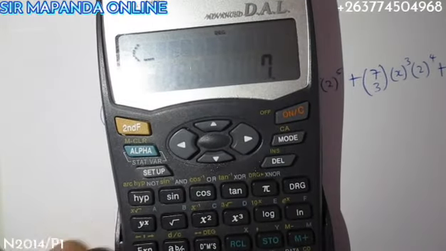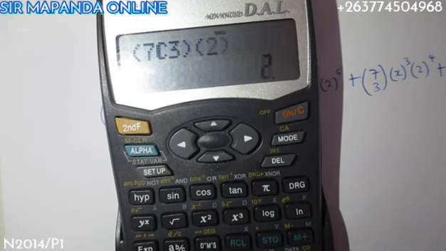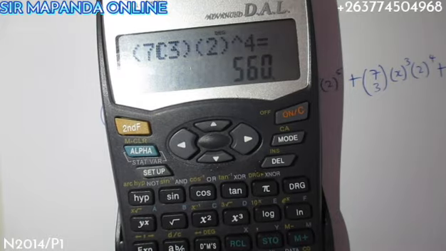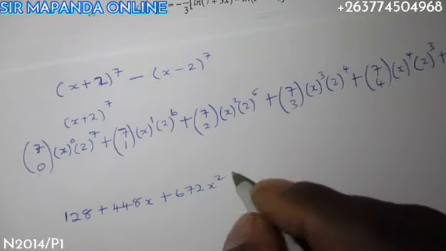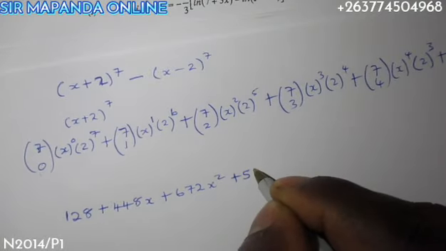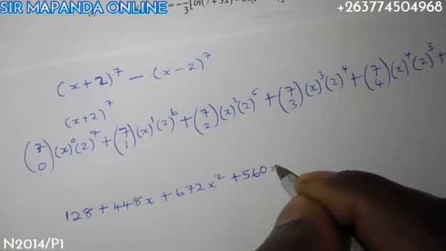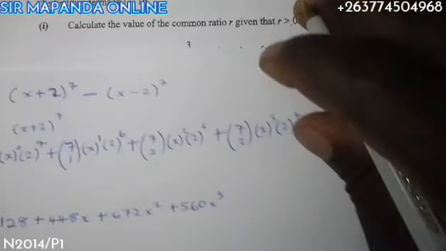Then you move on to 7 choose 3, times 2 to the power of 4. You get 560 x cubed. So I write plus 560 x cubed.